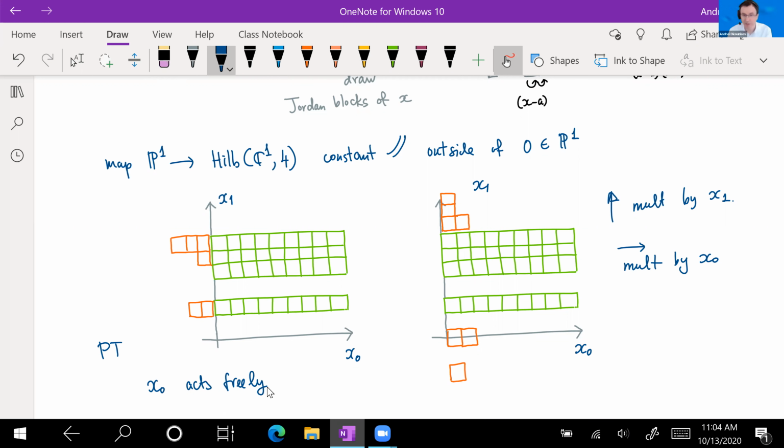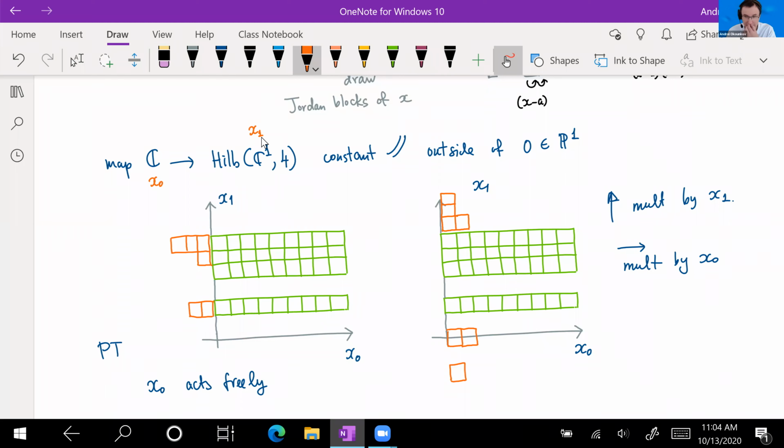What does it mean? You have a vector bundle. It means multiplication by coordinates acts as a free action. So this means, in my affine chart, that would be all infinite size Jordan blocks. So maybe instead of maps from P1, let's take maps from C. This has coordinate x0, and this has coordinate x1. But it may not generate.